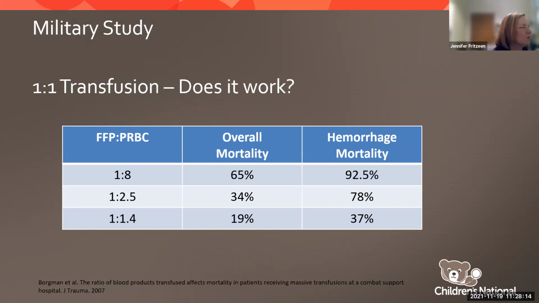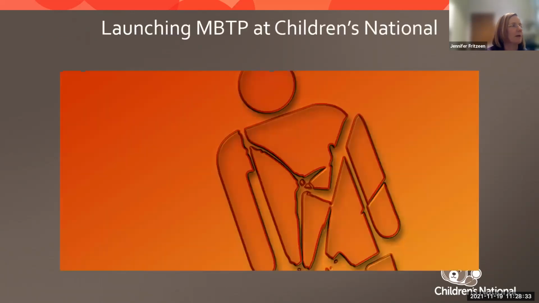But you can see as you get closer to 1-to-1 transfusion, at the bottom here, for 1 unit of FFP per 1.4 units of packed red blood cells, now your overall mortality is 19%, and your hemorrhagic mortality is 37%. And that's really where we want our patients to be.